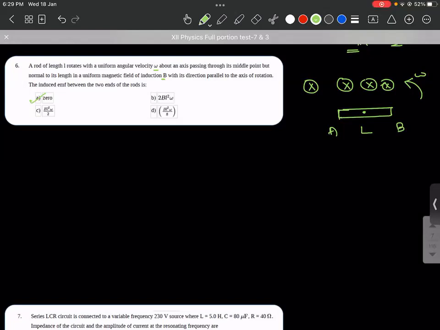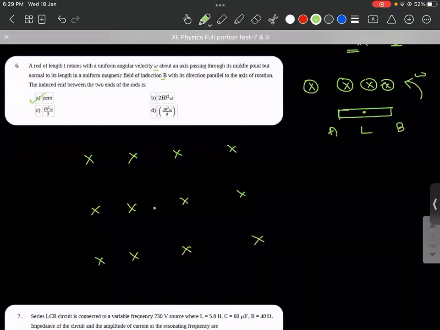Why? You remember this concept? There is a textbook problem. There is an NCERT solved example based on this. I have explained this during our paper discussion also.